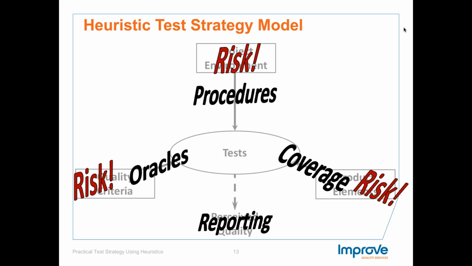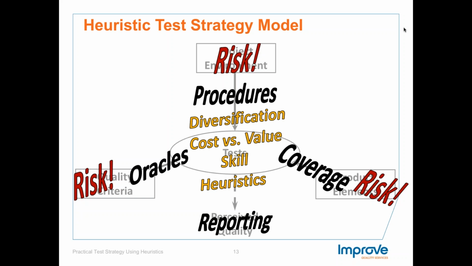At last, all these things end up in doing tests, doing experiments, and we have to report about it. And in the middle, there are the skills we use, the guideword heuristics we use. We always have to consider cost versus value. How much does it cost to test something, and how much does it give me?